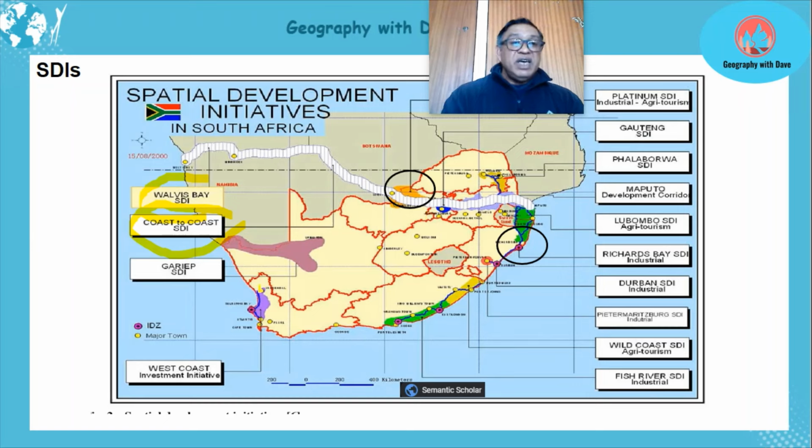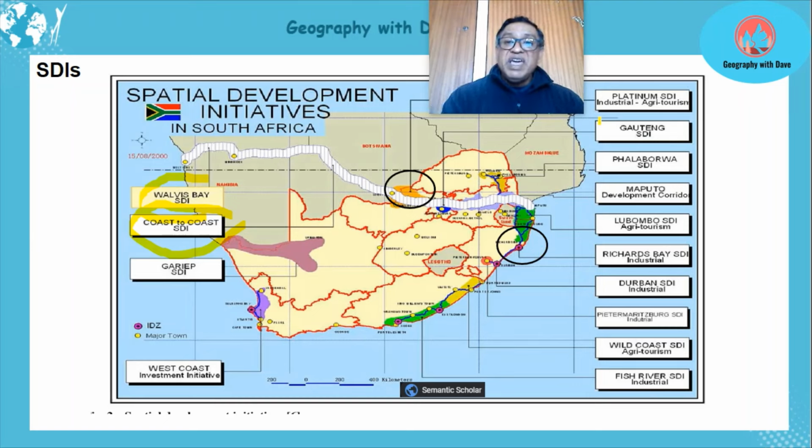Brilliant. All right. Harib SDI, West Coast SDI down here. You can see it clearly. It's linking up towards Cape Town. The Platinum SDI, which you will be dealing with, found in the area here around the provinces here. And then you find Rustenburg, etc. And then here we will find the Richards Bay along the coast, KwaZulu-Natal.